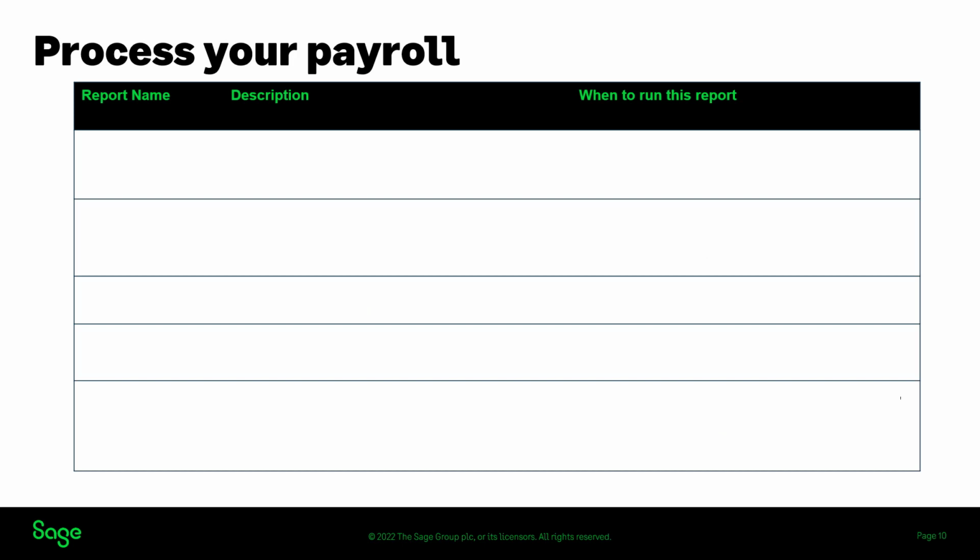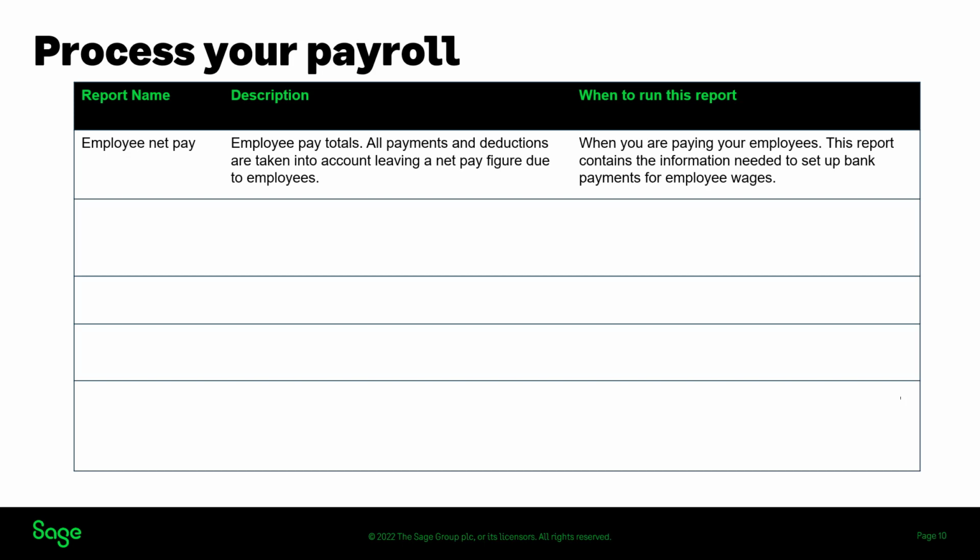Let's take a look at the reports that you can run from that reporting drop-down that I showed you a little bit earlier that's in your payroll program. So the first report that you can run is the employee net pay report. And that shows the net pay totals.